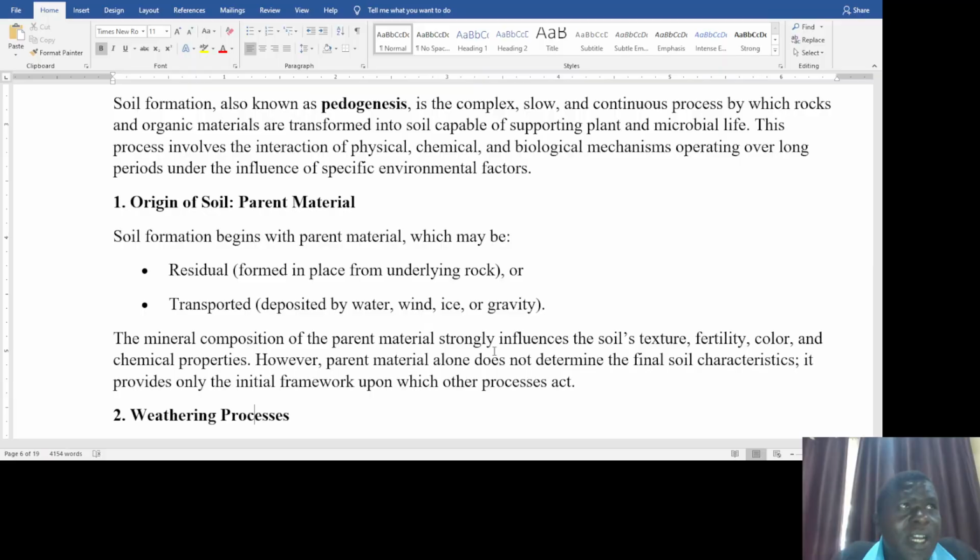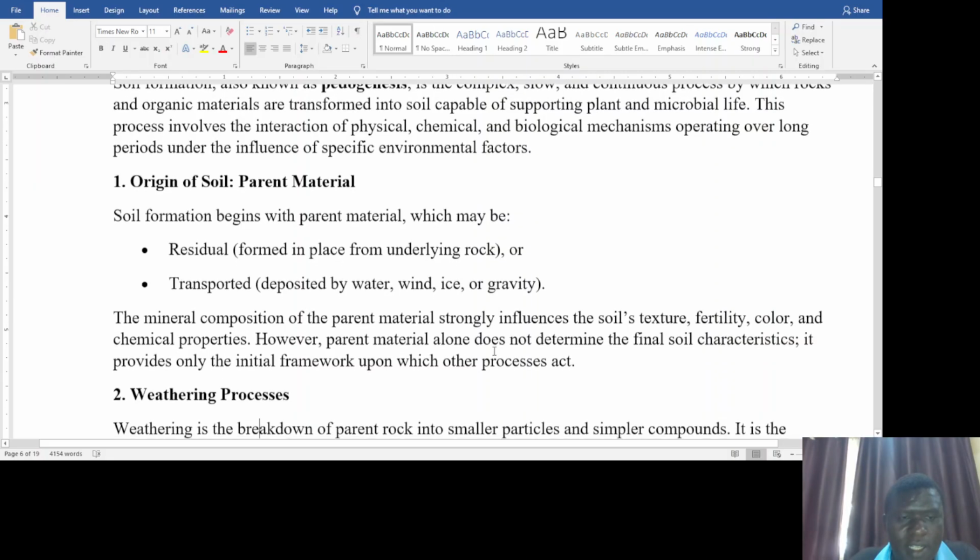But however, as much as the parent rock determines the chemical composition, the mineral composition and the soil characteristic might finally change gradually due to the interaction of other processes and input of other materials such as organic matter and minerals brought from without.